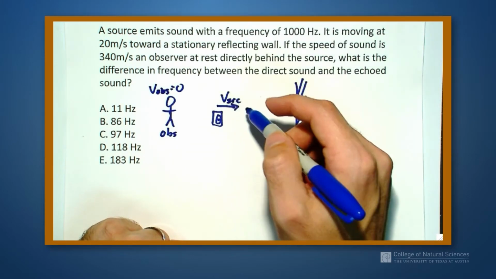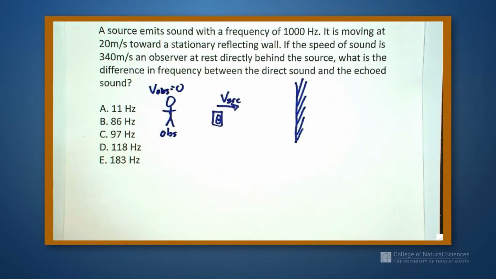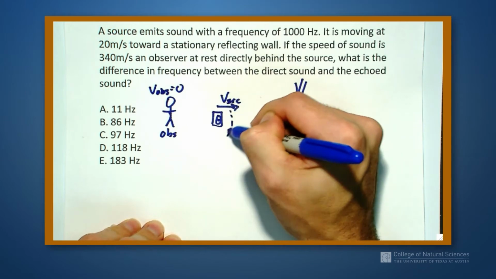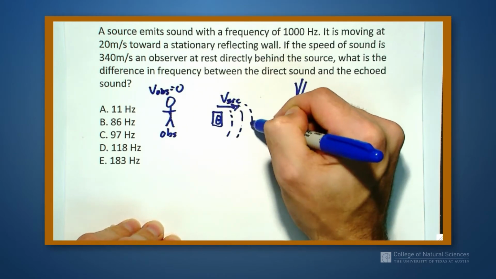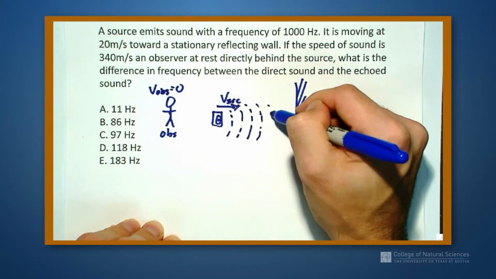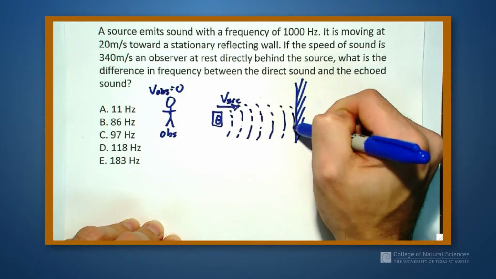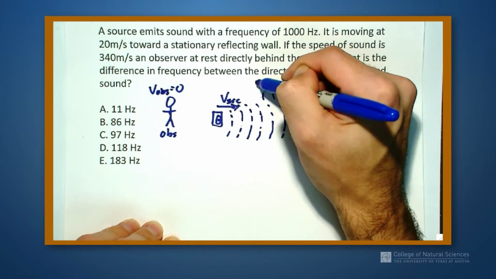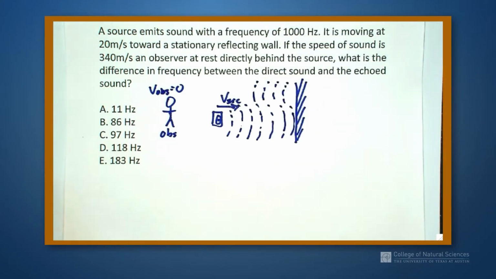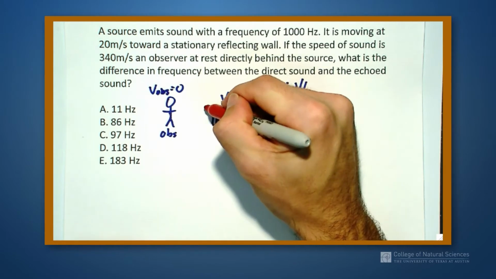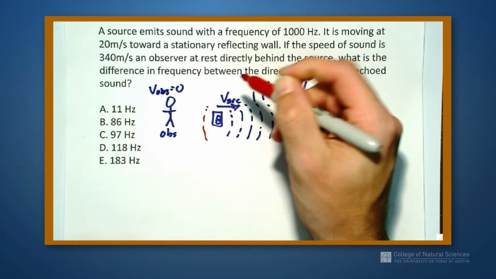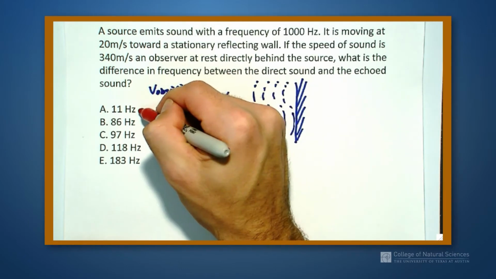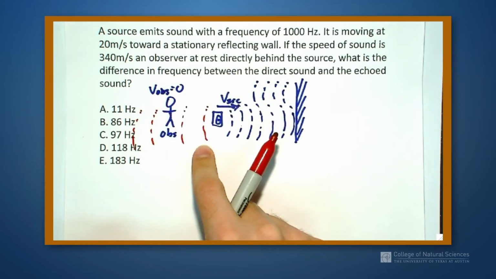So what's going to happen is that the source is going to emit its sound waves. And some of the sound waves are going to get stacked up on the front side of this. And they're going to hit the wall and return off of the wall with the same frequency. However, since the source is going away from the observer, it's going to emit a backwards sound wave at a larger frequency.